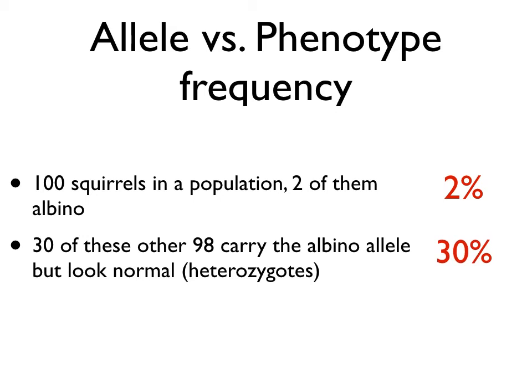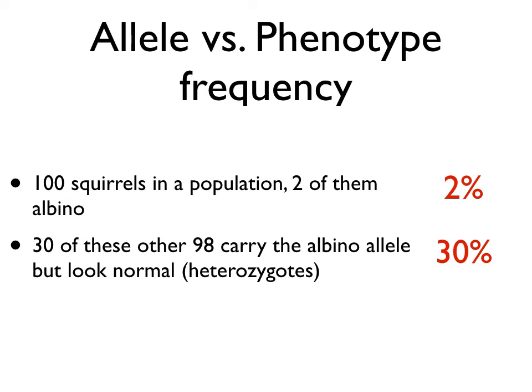I can already look at this: how many other genotypes are there? There's only one other genotype, the homozygous dominant. You can already tell me what the frequency of that homozygous dominant genotype is, because there are only 3 different genotypes and their frequencies have to sum to 100%. So the frequency of the homozygous dominant genotype here is 100% minus 32%.